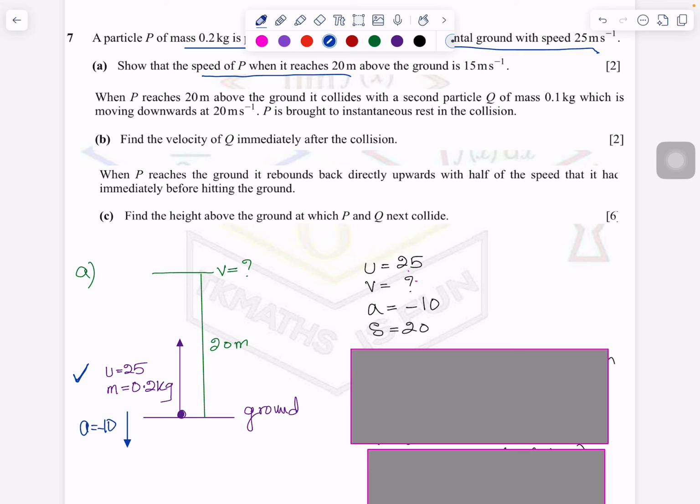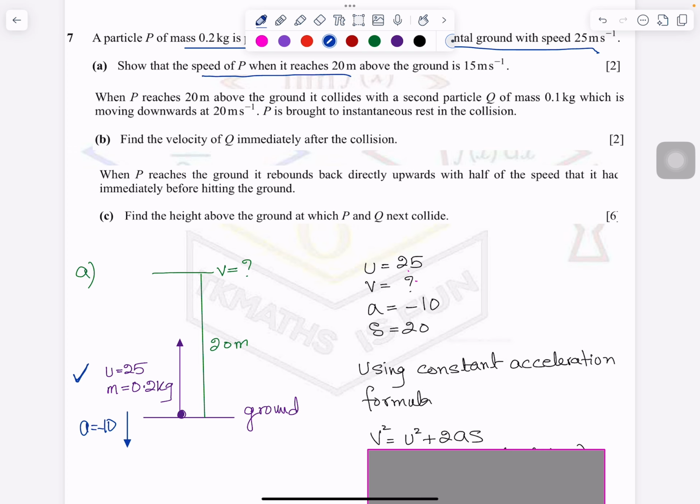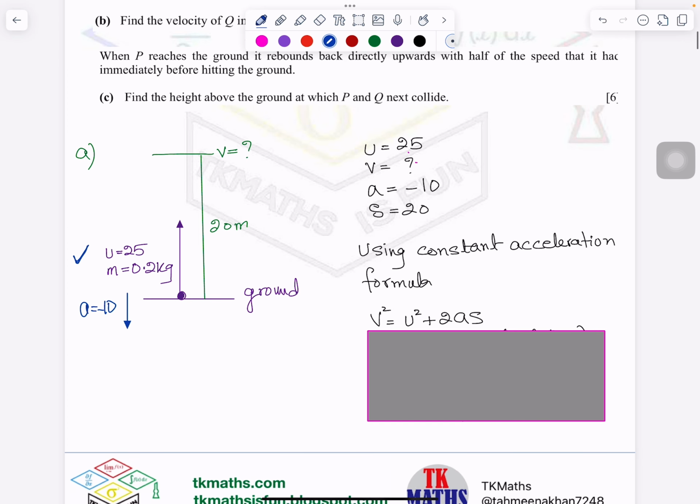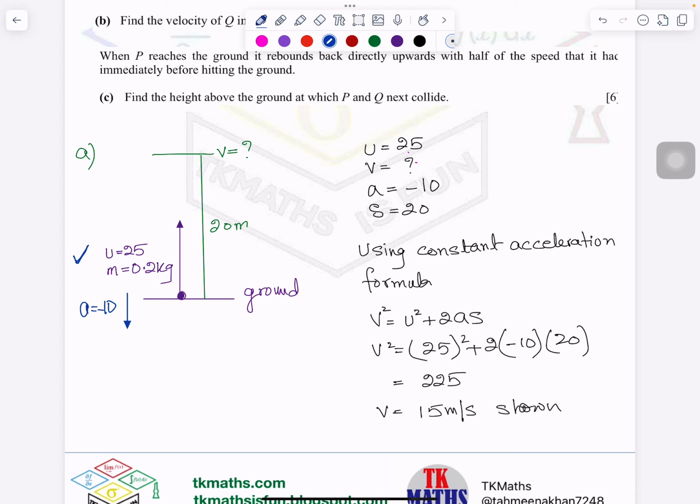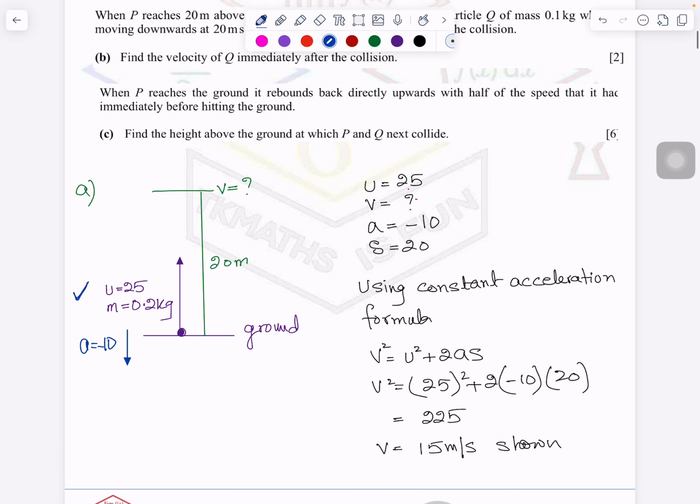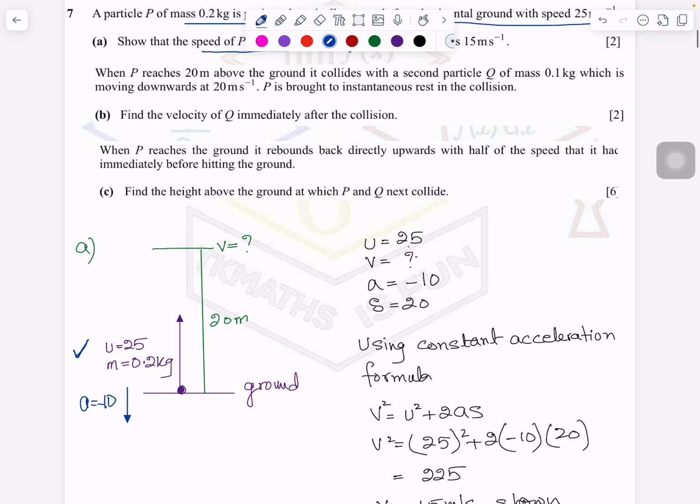And s is the displacement covered, which is 20 meters. So you simply apply the formula v squared equals u squared plus 2as and substitute the values, and you will get the answer, which proves that the velocity at that point is 15 meters per second. Now part B.